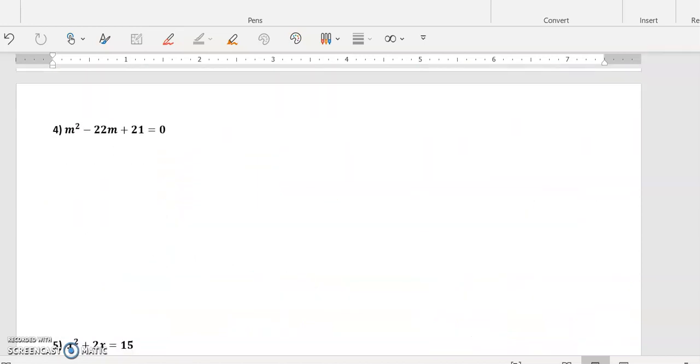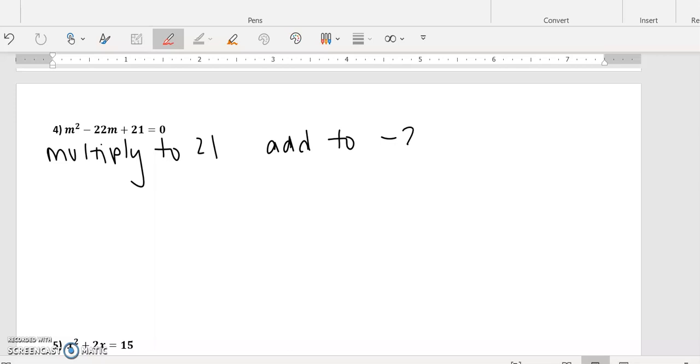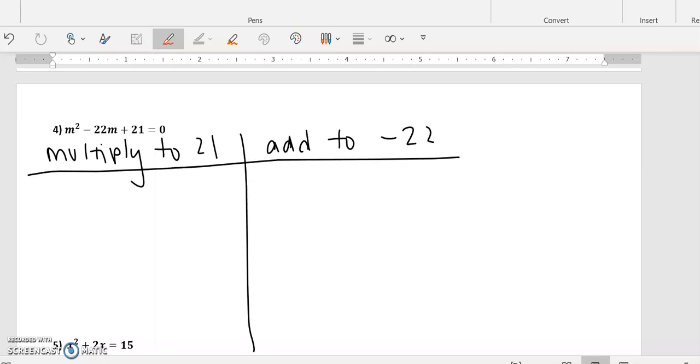Okay, number 4. This is in standard form. Set equal to 0. We're good to go. We need to find numbers that multiply to 21, add to -22. What are they?